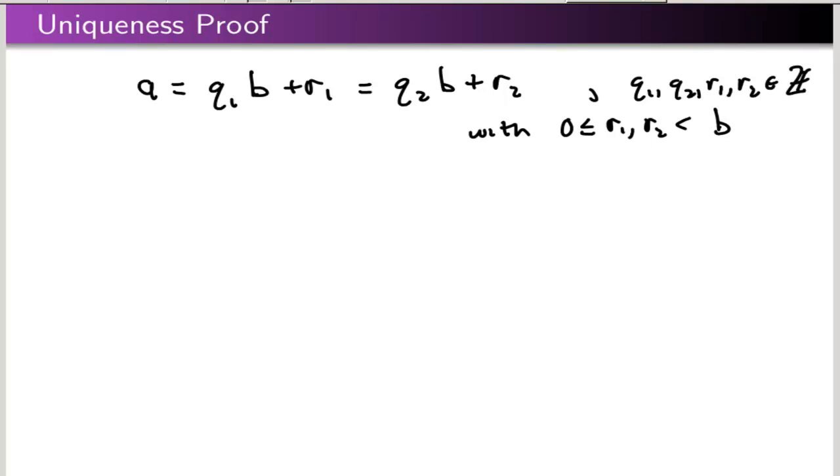Okay, then focus on this equality. So I'll just subtract the QB's over, and I'll get Q1B minus Q2B is R2 minus R1. Factor out the B.